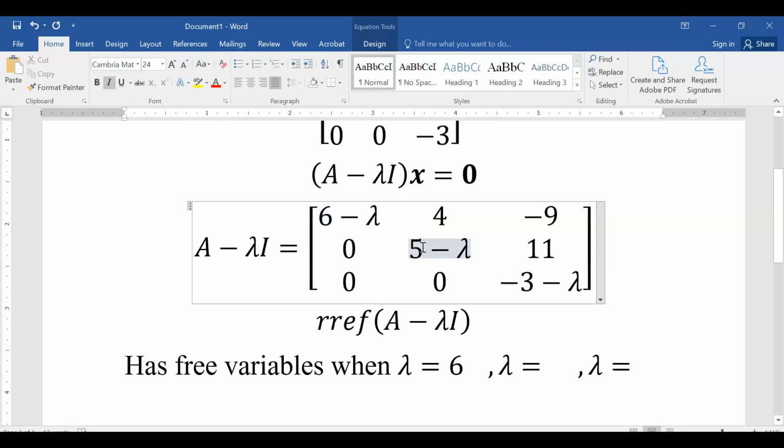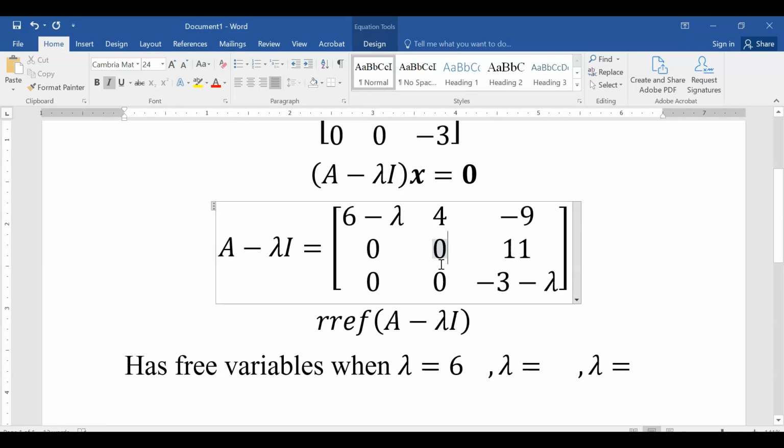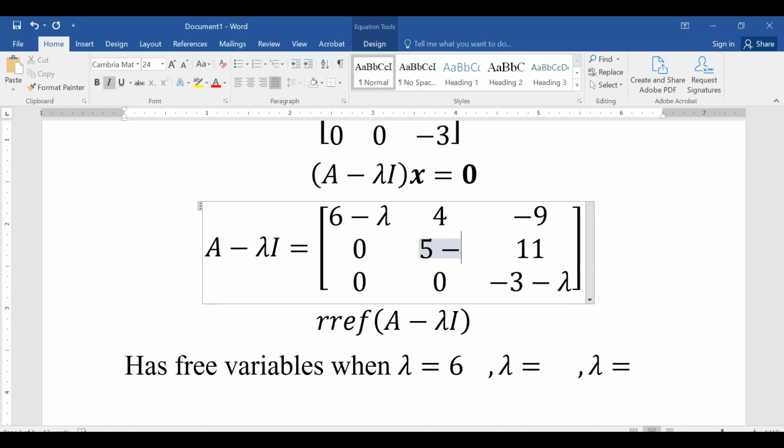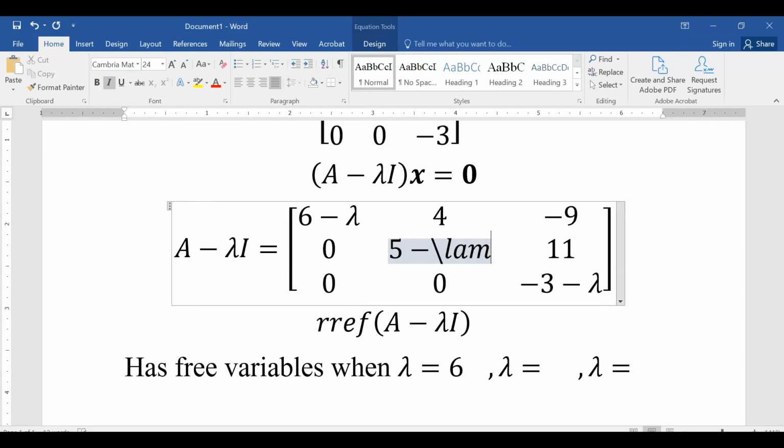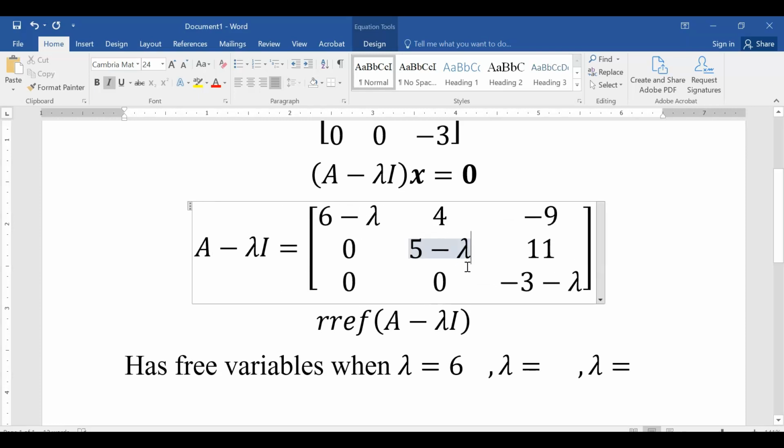Well, another way I could get a free variable is if this entry is 0. So if 5 minus lambda is 0, notice I can't have a pivot position in the 2,2 spot. So when lambda is 5, this becomes 0.